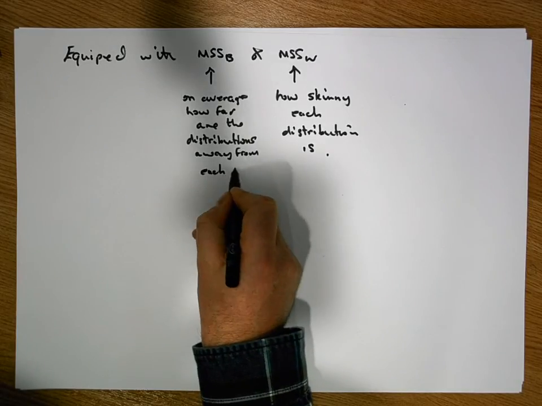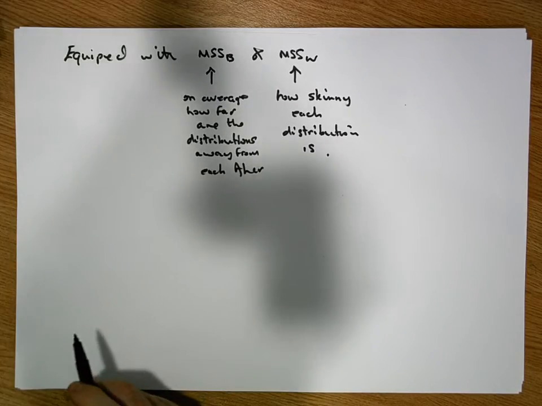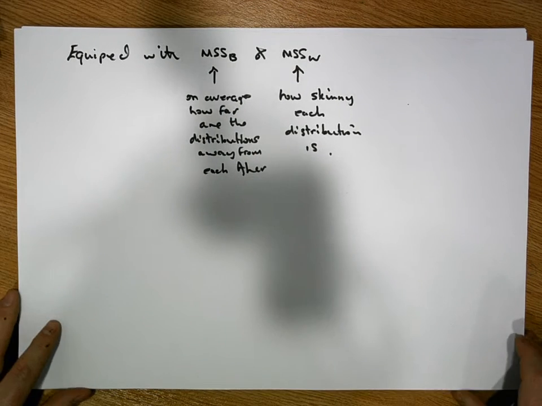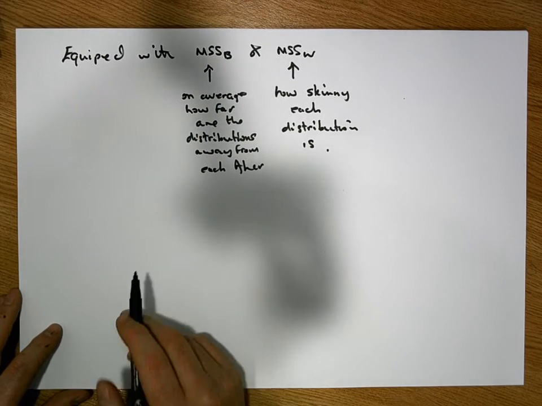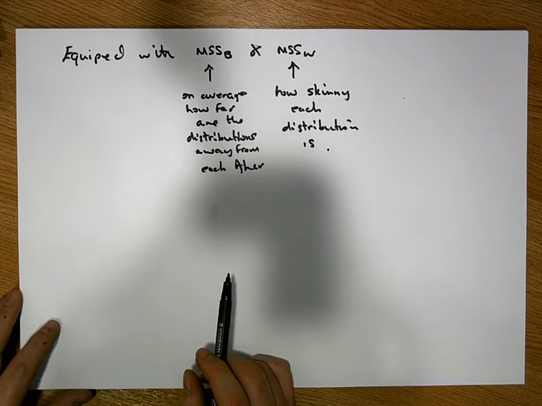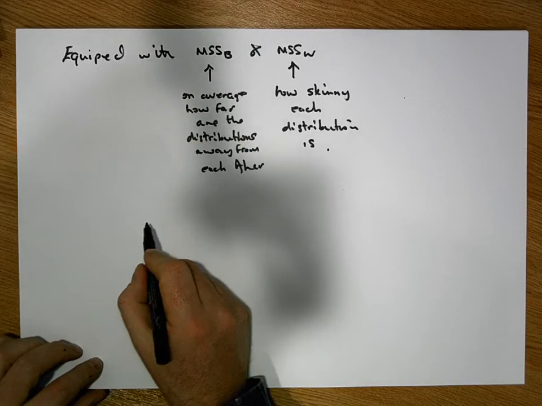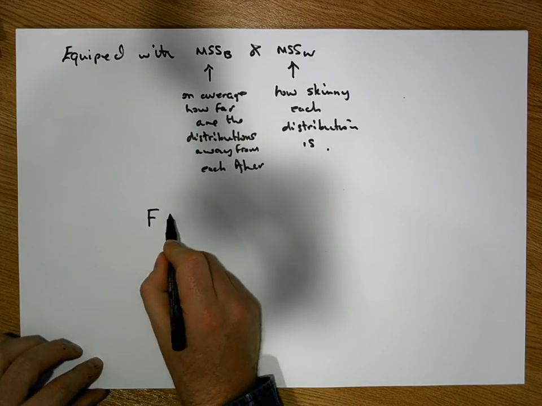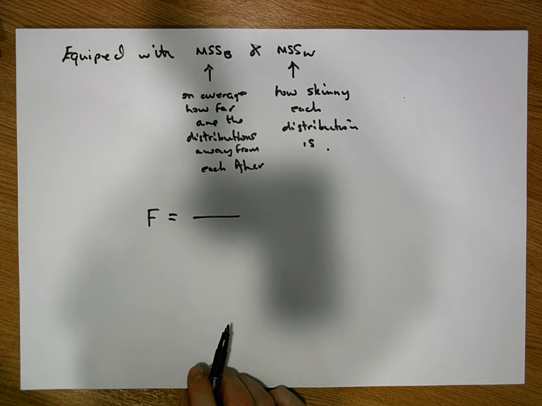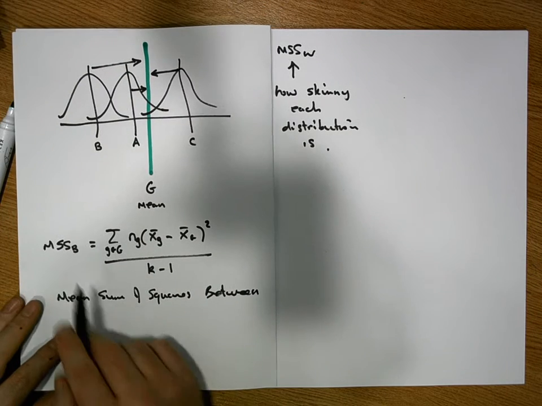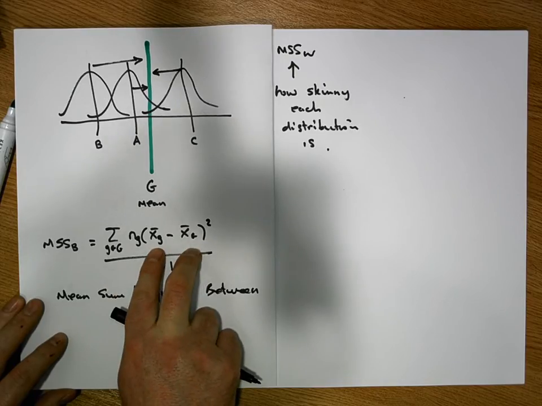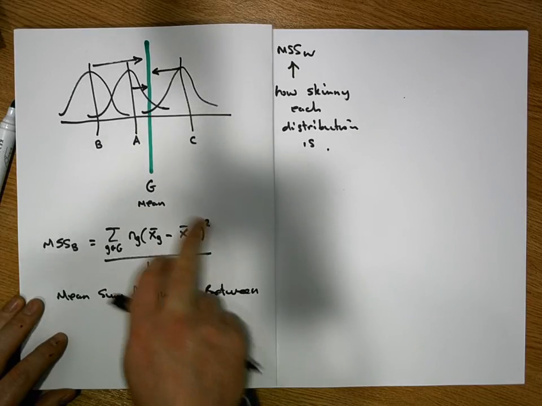So what we do is calculate the ratio of the between measure to the within measure. We construct what's known as an F-statistic. Don't forget, our F-statistic is set up to calculate the difference between two variances, so it's the ratio of two variances. The between measure was a sum of squared deviations, so this is a measure of variance.